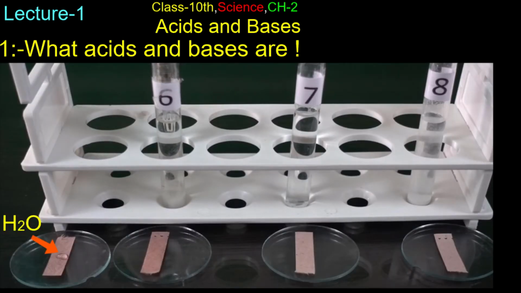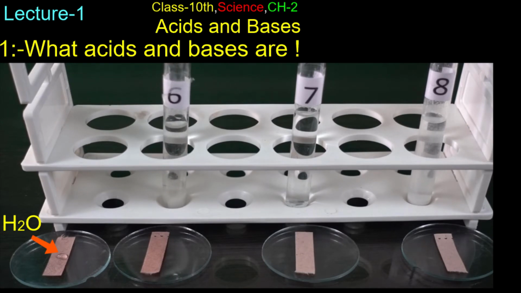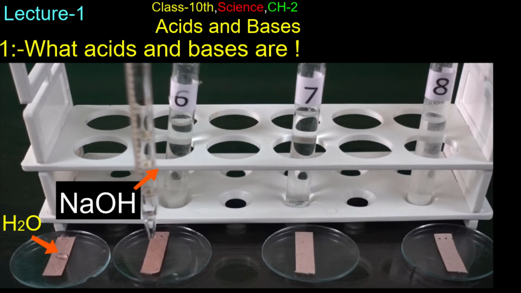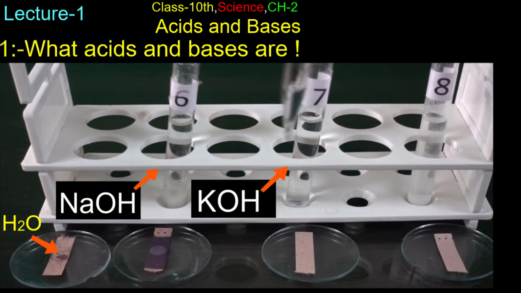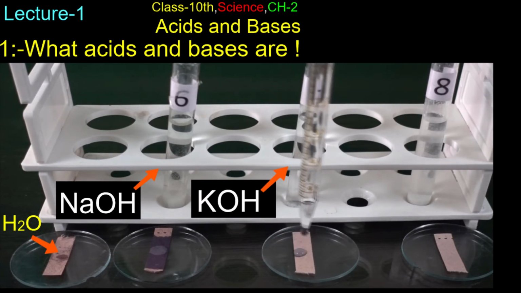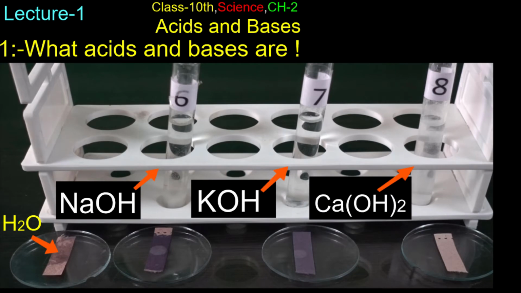I have dissolved them in water to prepare their aqueous solutions in these test tubes. On putting their drops on red litmus paper, these compounds turn red litmus to blue. You can see here.